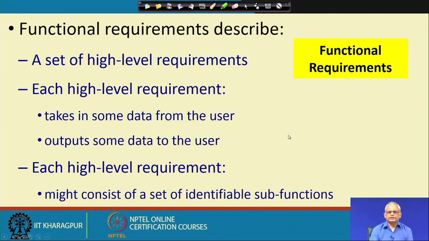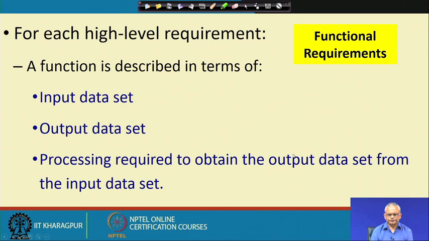Each functional requirement we call a high level requirement. A high level requirement takes some data and produces some result, but then each high level requirement may consist of sub requirements or sub functions.